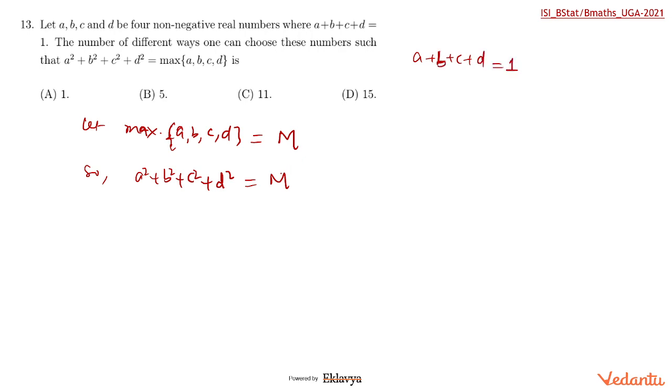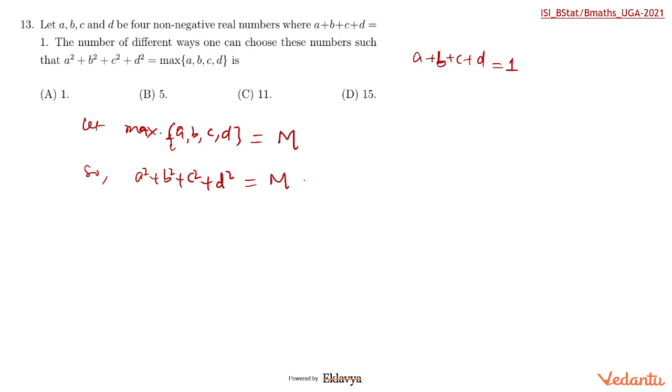If M is D, then D is more than D square, because all these numbers are non-negative real numbers between 0 and 1.